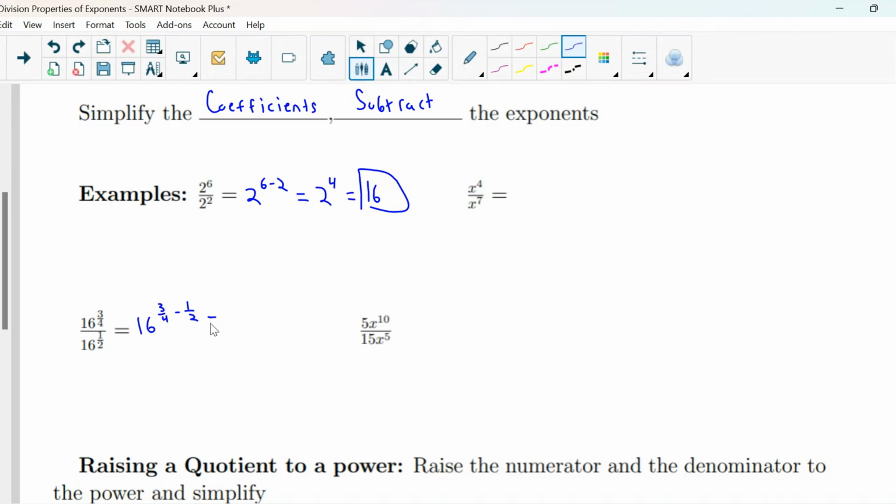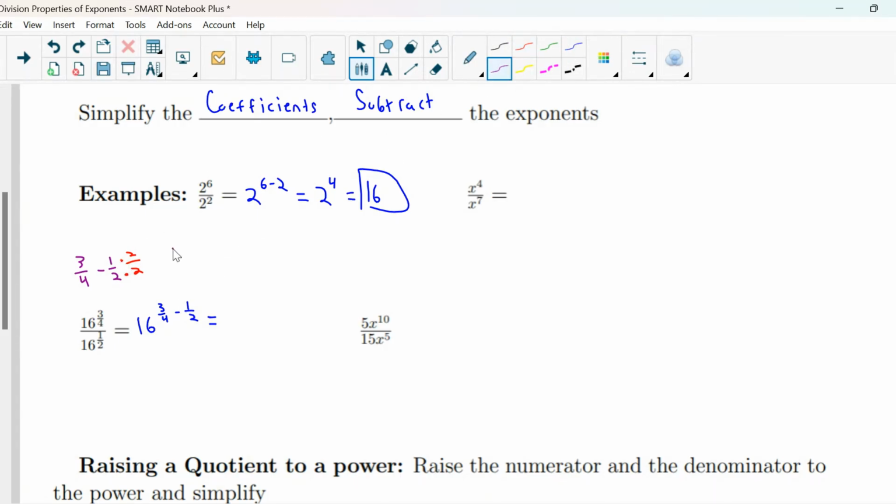In order to simplify this, let's start by subtracting our exponents. So if I have 3/4 minus 1/2, remember when you're subtracting fractions, we need to have a like denominator. So in order for 2 to equal 4, we have to multiply by 2 over 2.